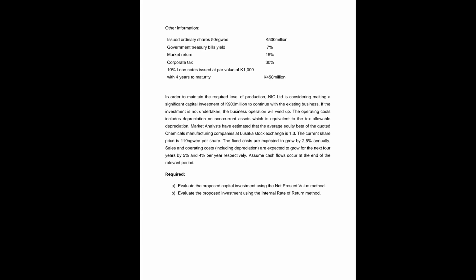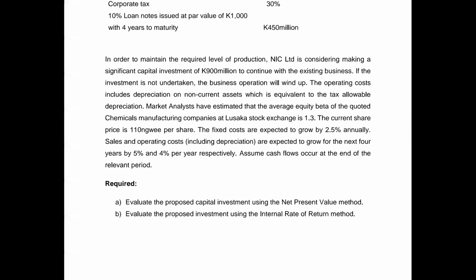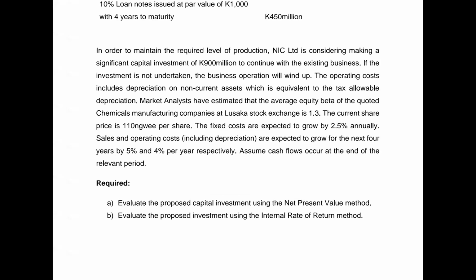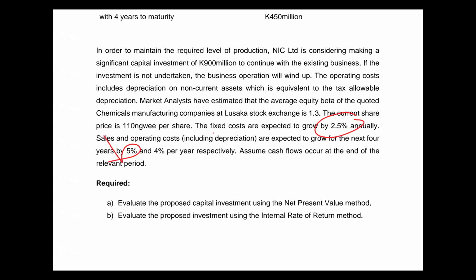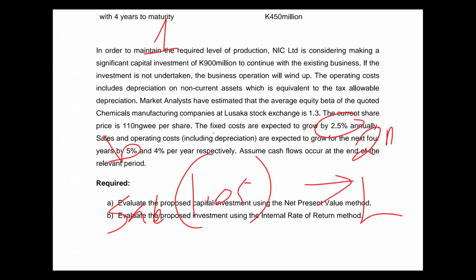The sales are growing by 5% for the first year. So just multiply the sales by 5%. I was saying that the sales that you have, you grow them by 5%. It will give you the sales for the other year, and in those sales for the other year, you grow them by 5% again, until you reach year number 4.